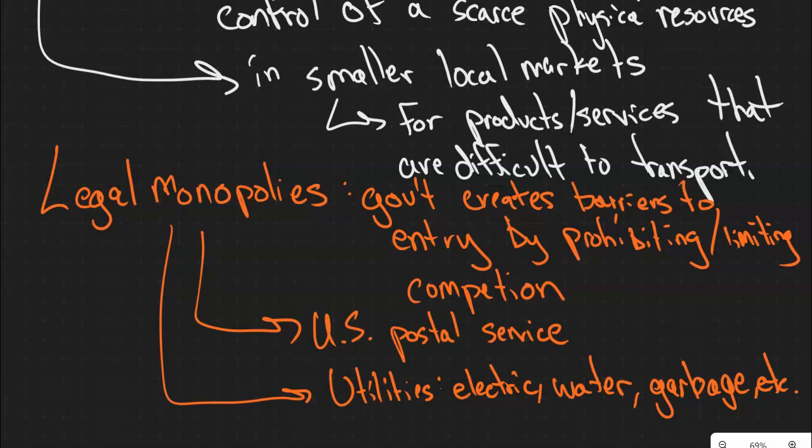So oftentimes, the rationale for doing this is, well, we would never get quality broadband service if we didn't issue a monopoly right to some company, right? Because it would be inefficient and more expensive for everybody, because it's very expensive to set up broadband or fiber lines or whatever the case may be.